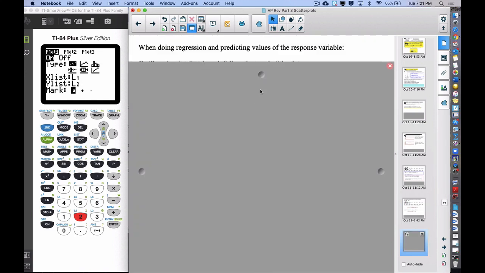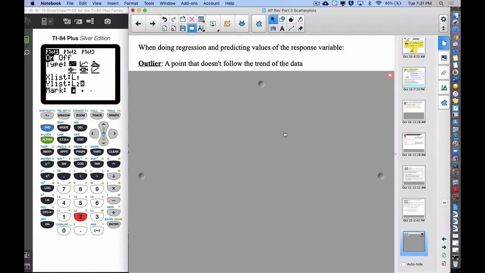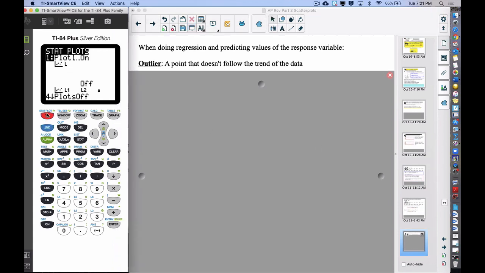Okay, then just the last couple of things as far as scatter plots. First, an outlier. You can kind of eyeball them just based on what you see in your scatter plot, especially if we look at that original data. This one does not have any outliers. But an outlier, the way we would describe it, is a point that doesn't follow the trend of the data.